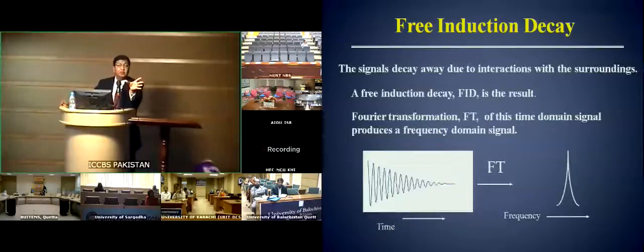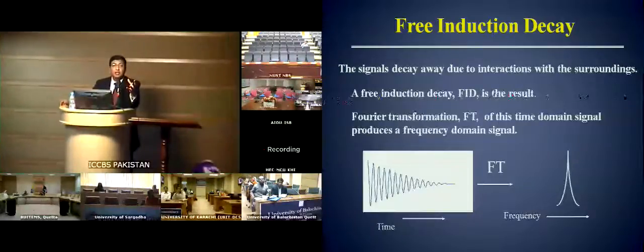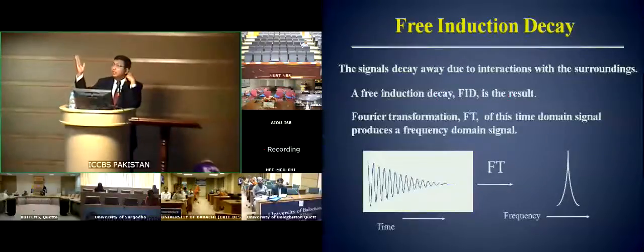In pulse Fourier transform spectroscopy, you have this capacity of doing it so quickly. What you do, you bring the magnetization vector here, record the FID, give another pulse. When you give another pulse, it's the second experiment.